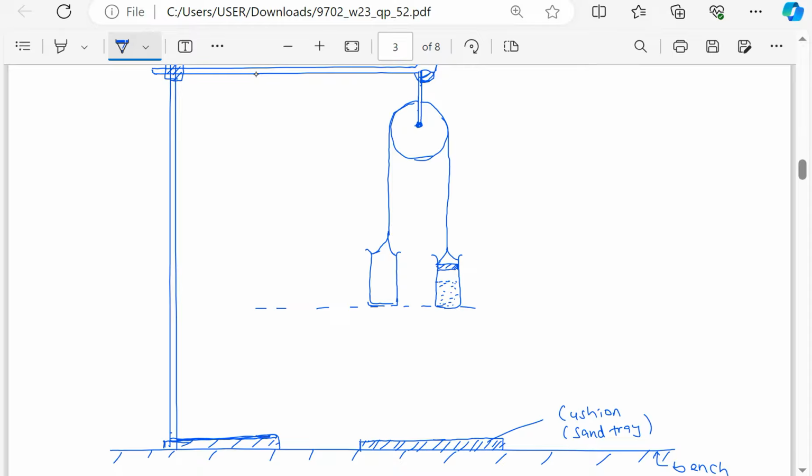So let me make this base longer. So I'm going to put here a ruler which I'm going to clamp.